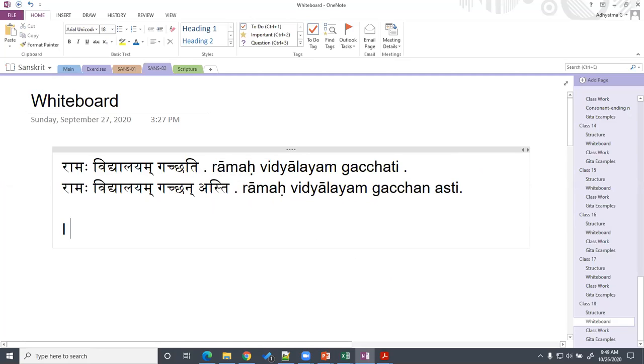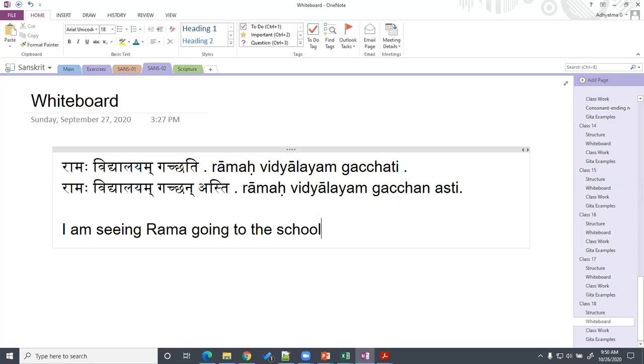If I say, I am seeing Rama going to the school, translated into Sanskrit it will be: aham Vidyalayam Gachantam Ramam Pashyami.